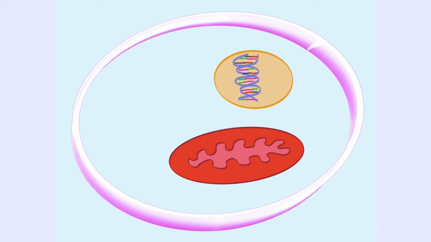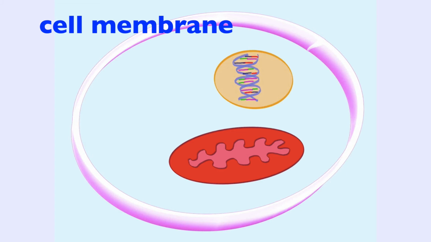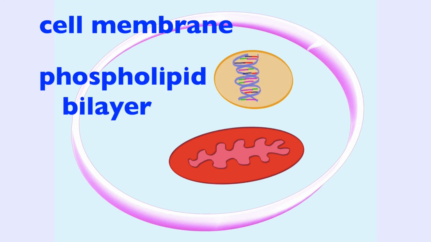Around the perimeter of the cell is known as the cell membrane. It's also known as a phospholipid bilayer because of the way it's composed of phosphate ions and lipid molecules. It is what's known as a semi-permeable membrane because, as we see it here, it only lets some things in or out and not others.